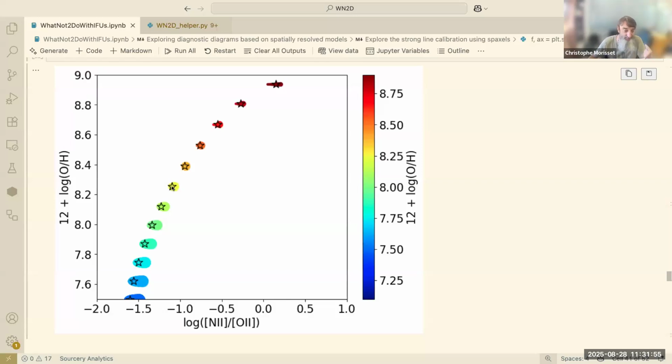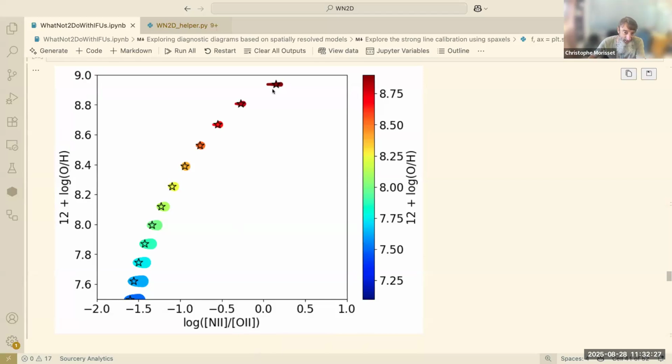The main problem here is my models are based on N over O versus O over H. That's why N2 over O2 is telling me something about O over H. But the relation of N over O versus O over H is fixed in my model. It's not that fixed in reality. We don't really know. There is a big scatter in the N over O versus O over H relationship.